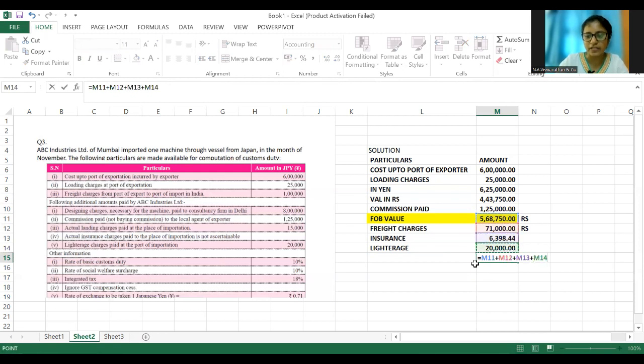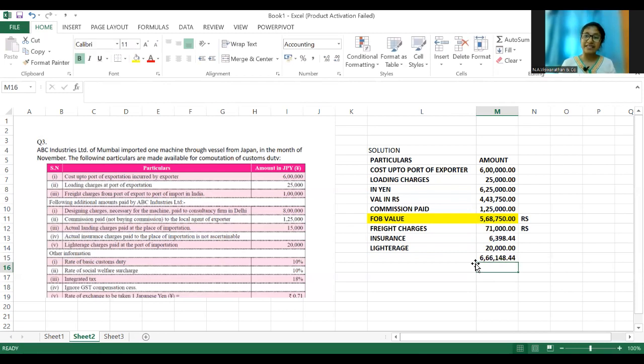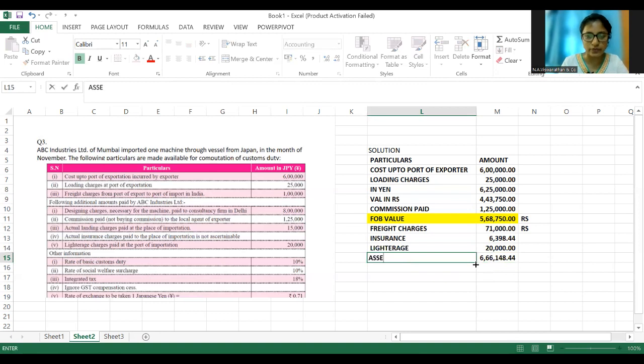Lightage charges, barge charges, demurrage charges, these are all charges which are incidental, expenses incurred at the port to unload the goods and bring it to the shore. So these charges will be part of our CIF value or the assessable value.